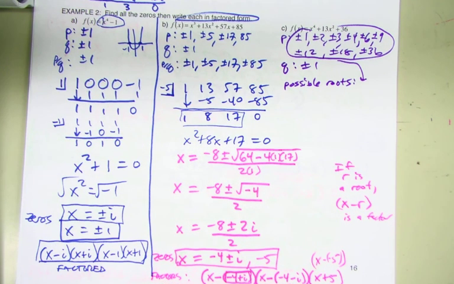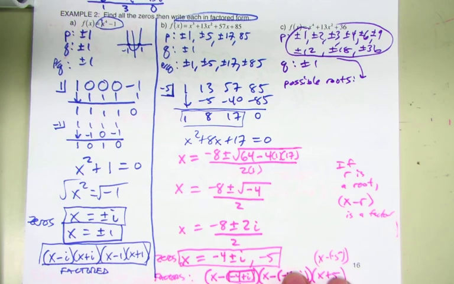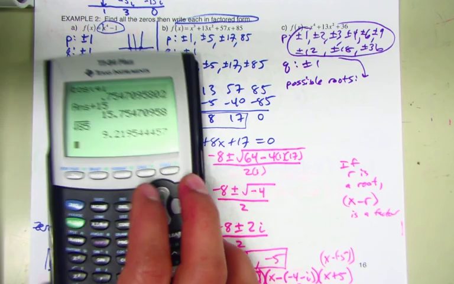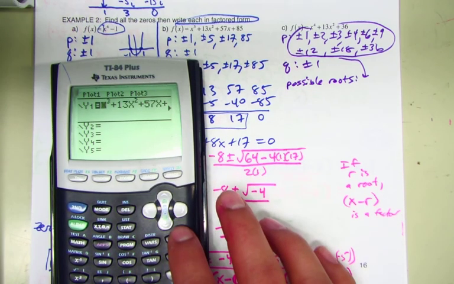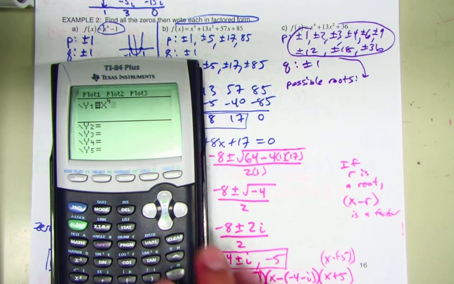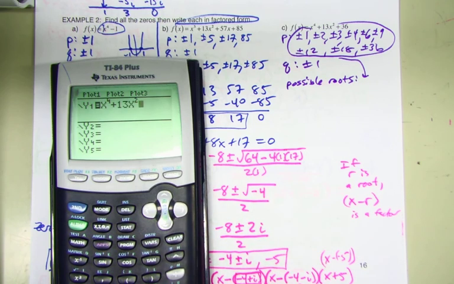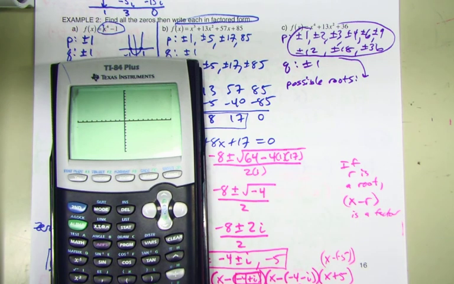So on the calculator, now we would go ahead and say, all right, what zeros are there? Anybody getting any?